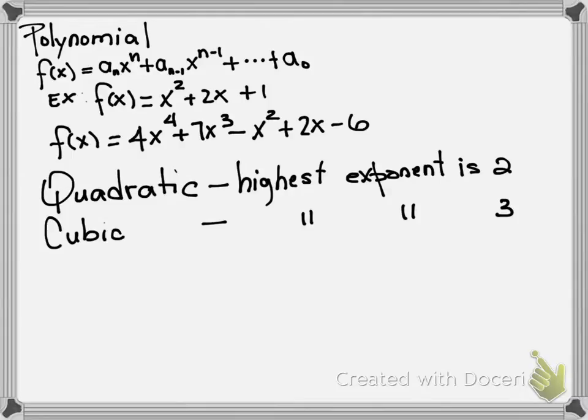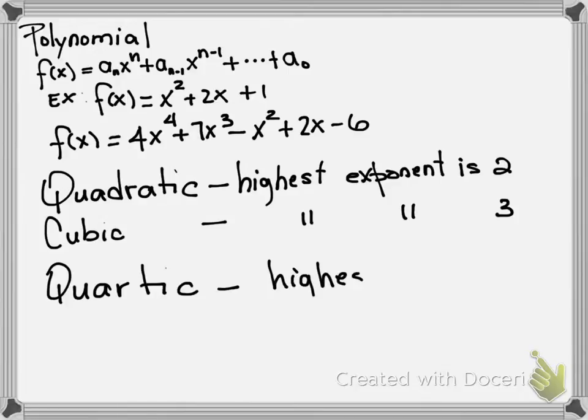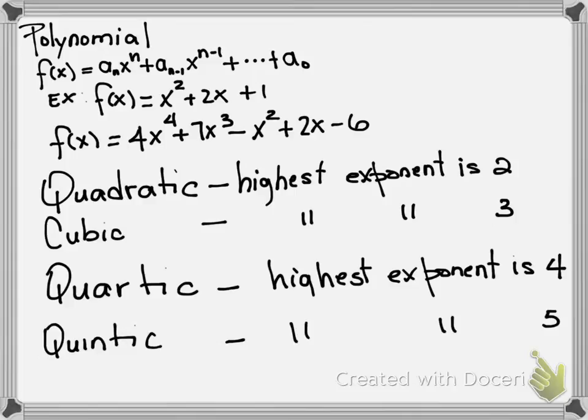Now, it also can be quartic, highest exponent is 4, and quintic, highest exponent is 5, and so on. When it is 6, we say it is to the 6th degree, 7th degree, and so on and so on, all right? This is how we classify the polynomial to say what it is.